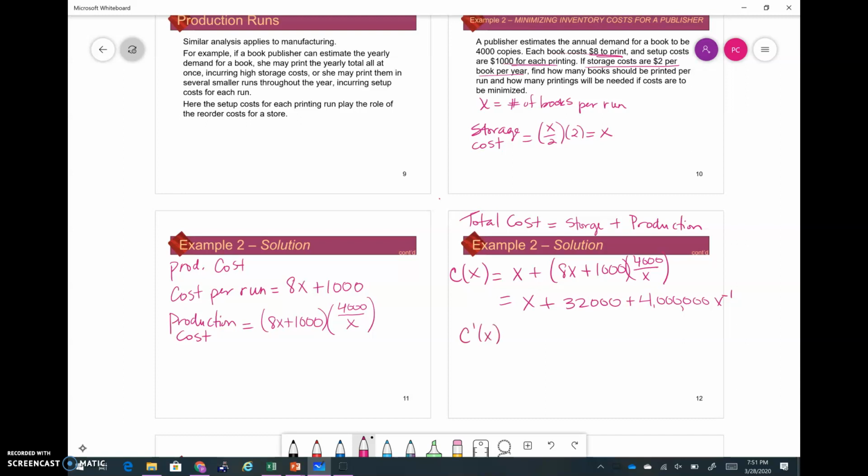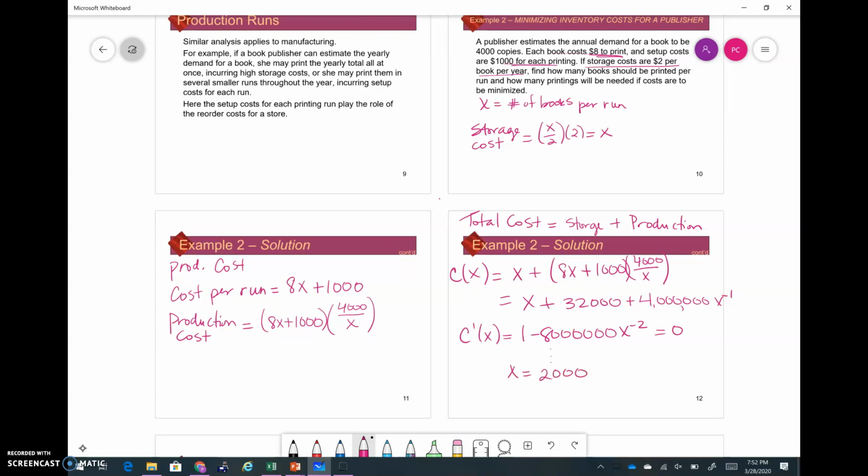C prime of x would give us 1 minus 8 million x to the negative 2. If we solve that by setting it equal to 0 and solving for x, we end up with x equal to 2,000.